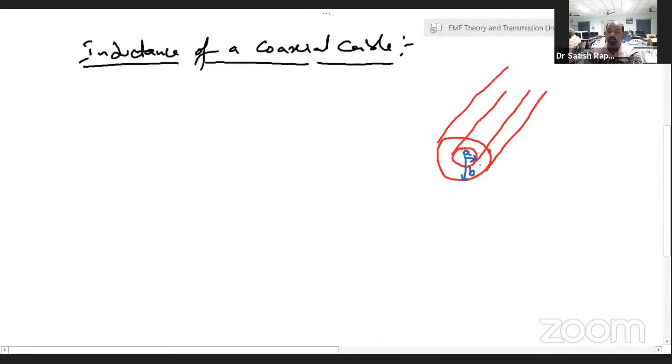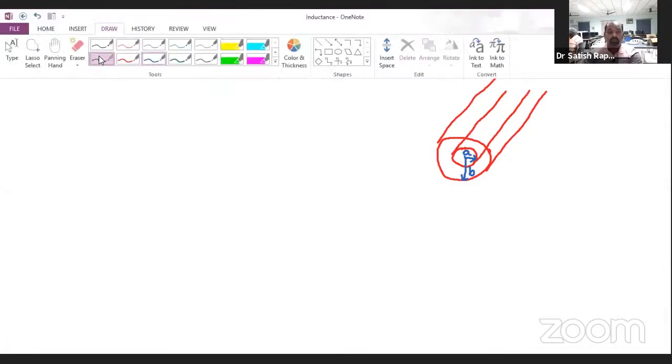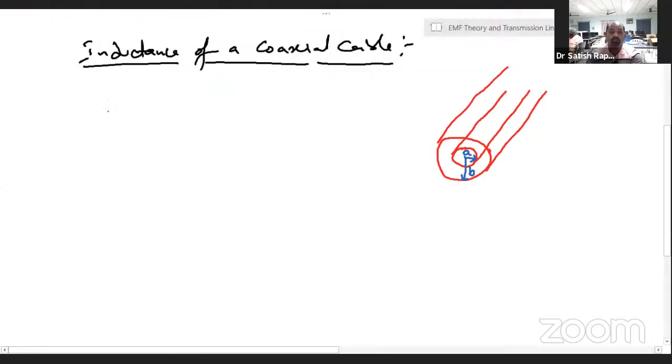To determine inductance, we will use Ampere's circuital law. Earlier for capacitance we used Gauss's law, whereas here we use Ampere's circuital law, and we will determine inductance.